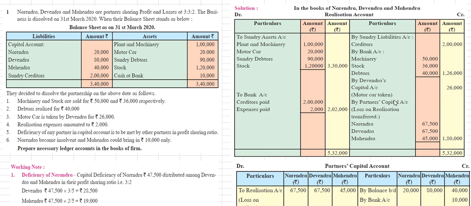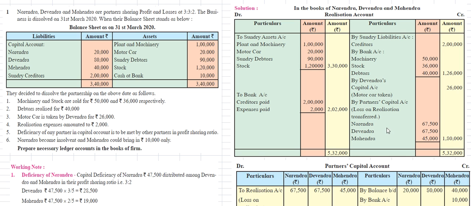Next is by partners' capital accounts, loss on realization. Whatever loss is realized will be transferred to the partners' capital accounts.